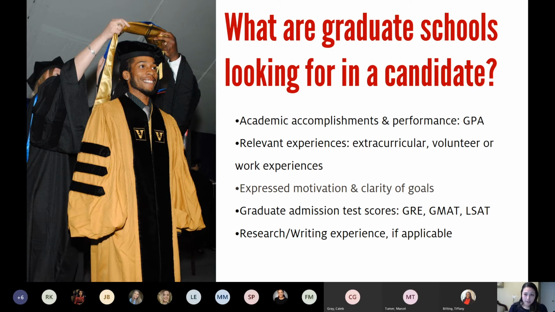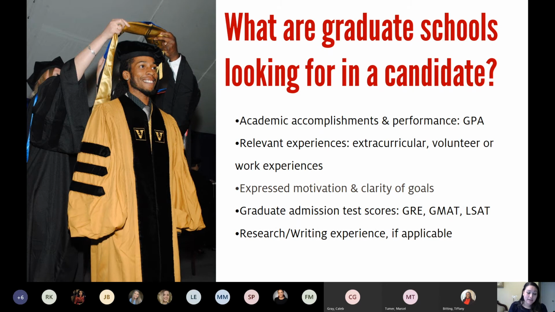Graduate admission scores. Graduate school programs usually have that as one of their requirements. They may ask for a GRE, a GMAT score, an LSAT score, whatever is relevant for your program. And they might be using this number as an indicator of how prepared you are for this program.